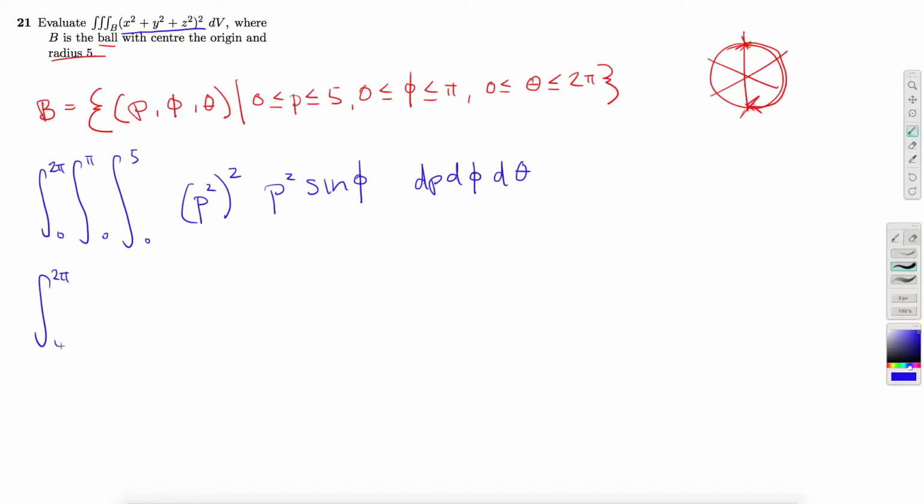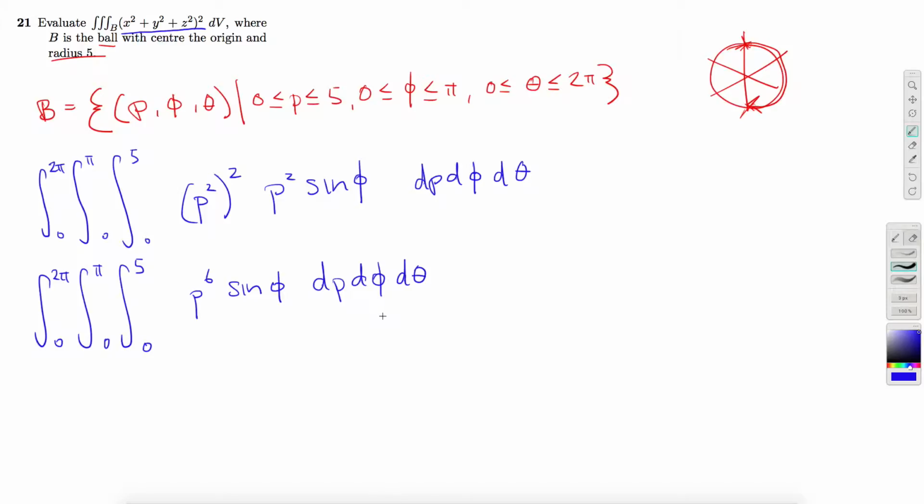Whoops, it's going to be rho to the 4, rho to the 6 because you've got that one as well, then sine phi d rho d phi d theta.